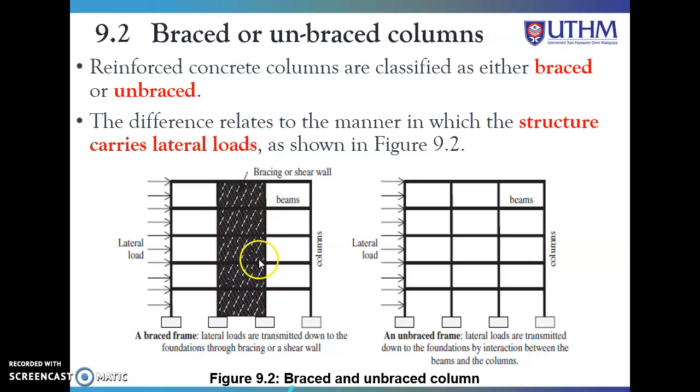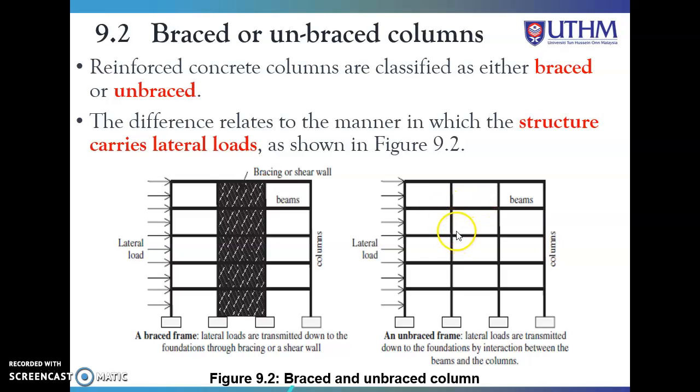For the unbraced frame, the lateral loads are transmitted down to the foundation by the interaction between beams and columns. Maksudnya kat sini dia tak ada pun shear wall, dia tak ada bracing. So dia terus direct lateral load tu ditransfer ke foundation dengan cara interaction between beam and column.